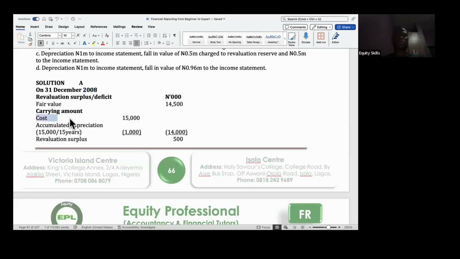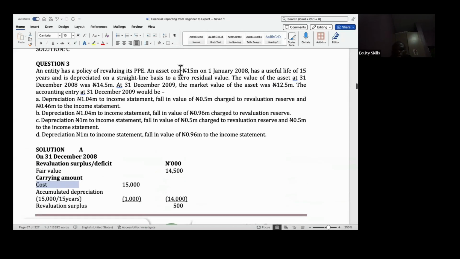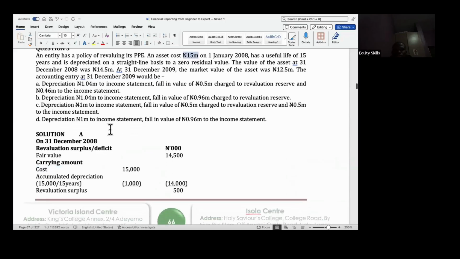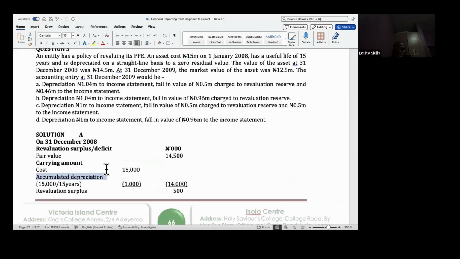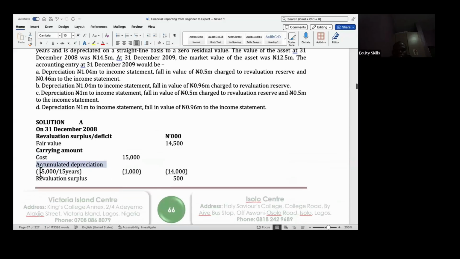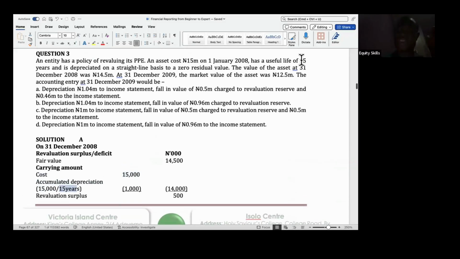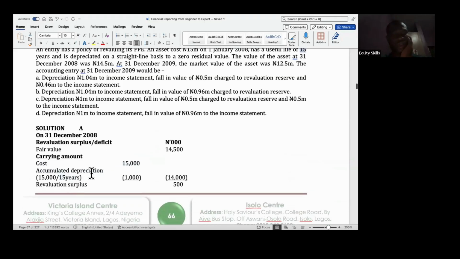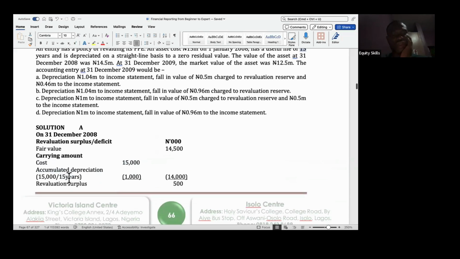And carrying amount is cost less accumulated depreciation. The cost of this asset from the question was 15 million. We're going to remove accumulated depreciation, which is the cost, 15 million, divided by the useful life, which they told us in the question is 15 years. Okay, since this is year one, we have only charged depreciation for 1 year.